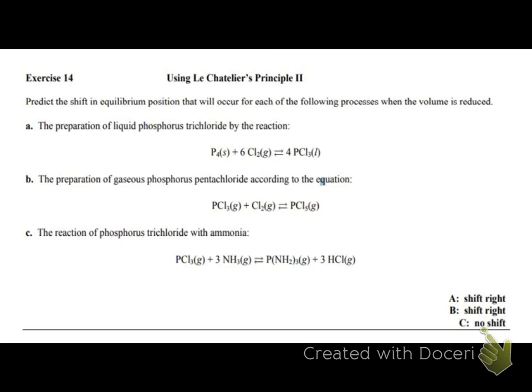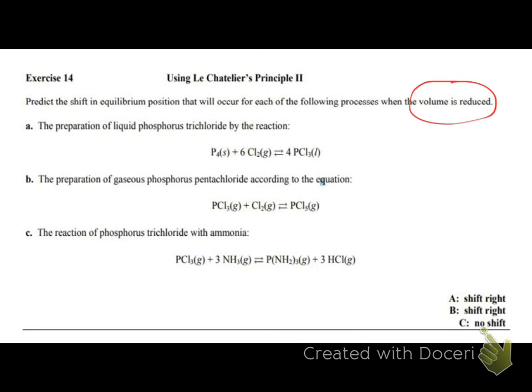So I have liquid phosphorus being produced from solid phosphorus and when the volume is reduced. I was like, what are we shifting here? I didn't see the volume is reduced. Okay? So if I'm dealing with the gas and I reduce my volume, what am I essentially doing?